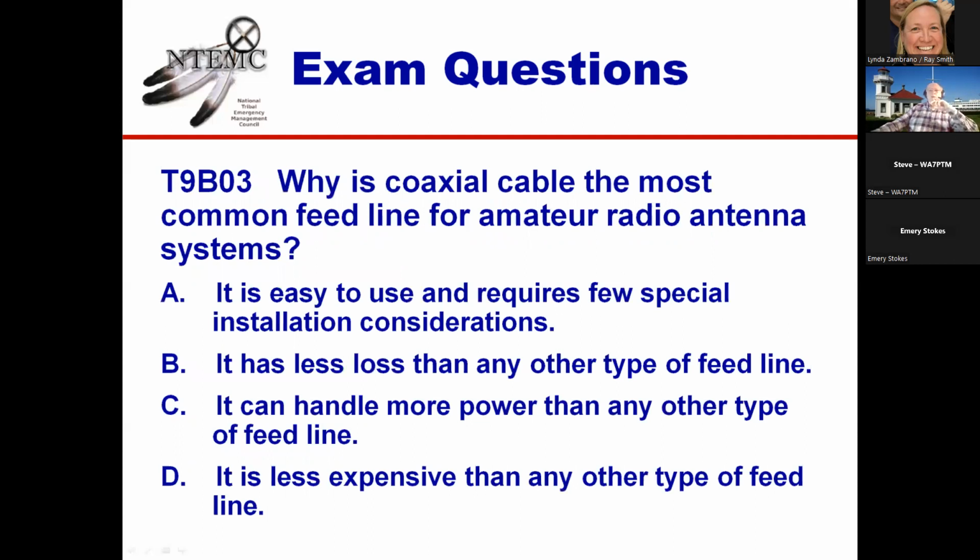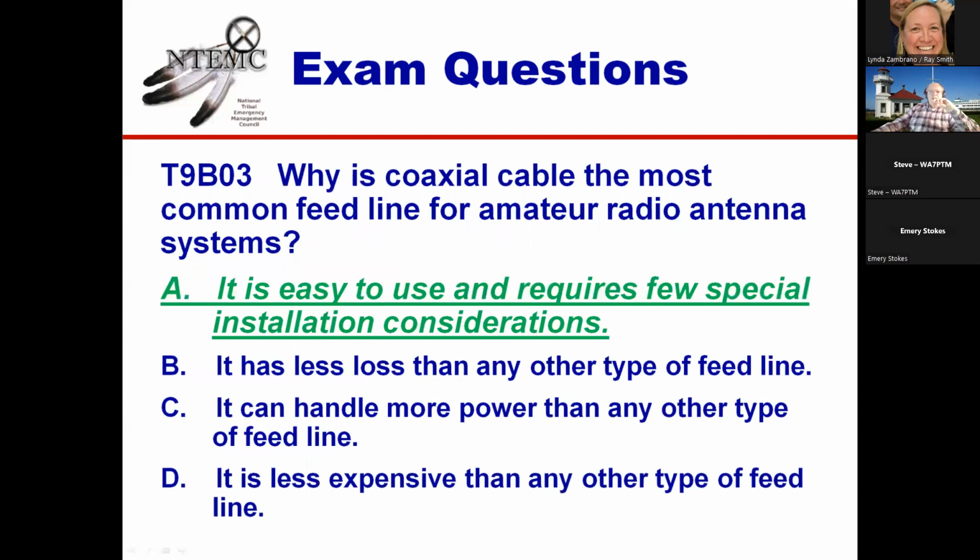Why is coaxial cable the most common feed line for amateur radio antenna systems? Well, it's easy to use. It's a cable with a connector on the end that you can just screw on or snap onto your radio. It's easy to work with, and you don't need to do anything special with it. You just run the cable out and connect it.